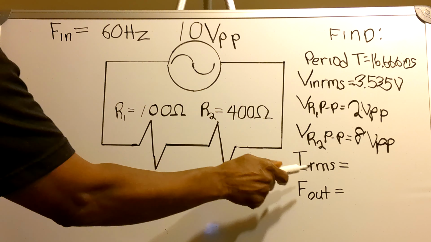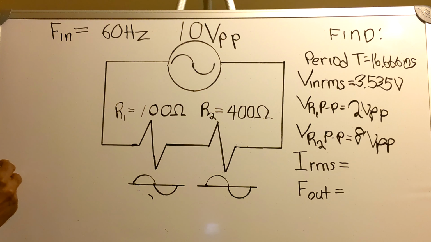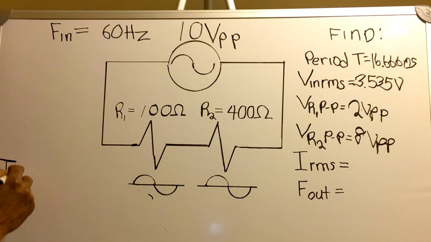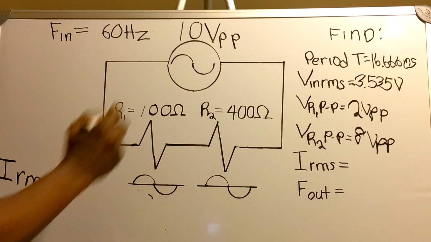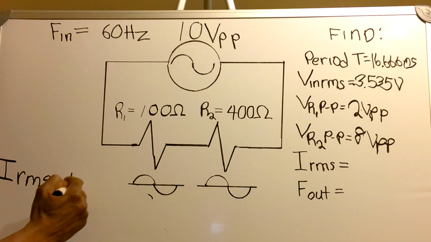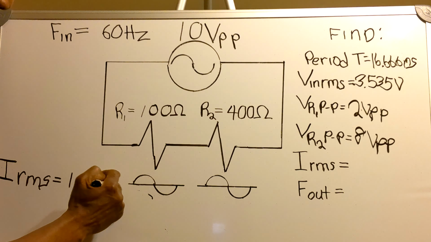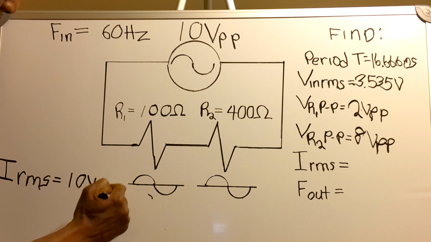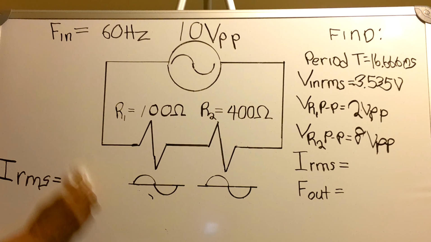The RMS current, which flows through the entire circuit, equals IRMS equals the 10 volt peak to peak, excuse me, that's wrong.